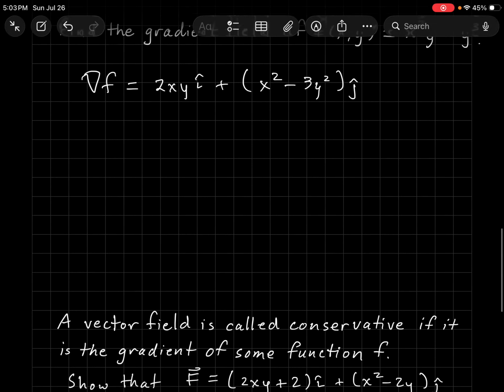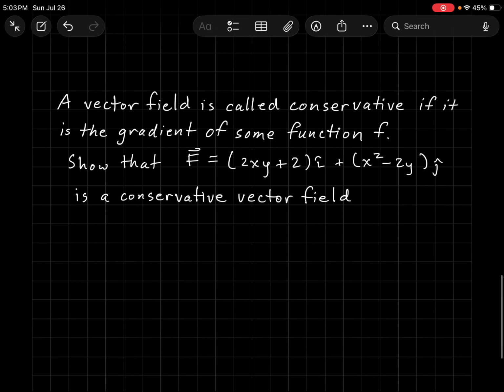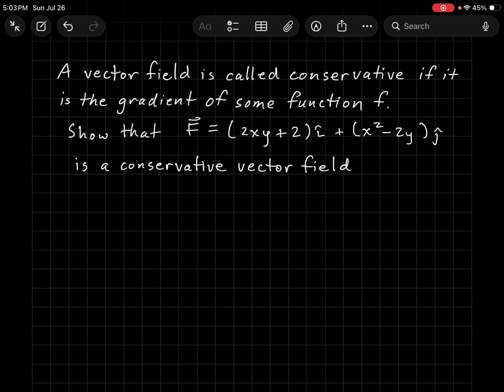Let's finish with this last definition. And we want to talk about something called a conservative vector field. So a vector field is called conservative if it is the gradient of some function, some scalar valued function, f.